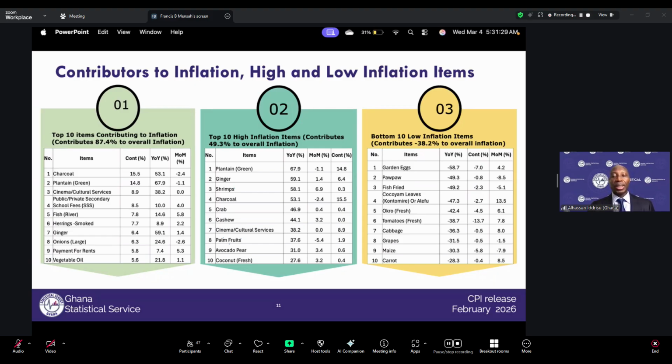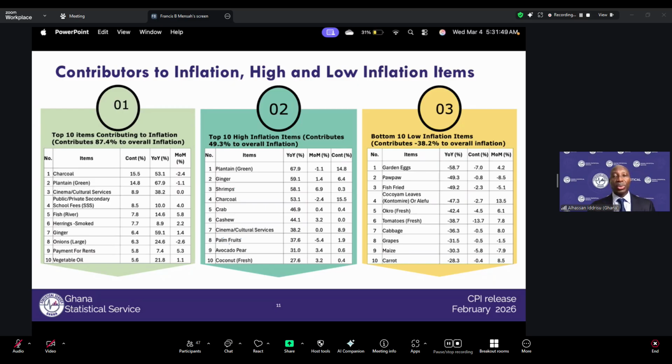This is followed by charcoal, with inflation rate of 53.1% in February 2026, down from 53.7% in January 2026. And then crab, with inflation rate of 46.9% in February 2026, down from 42.4% in January 2026.